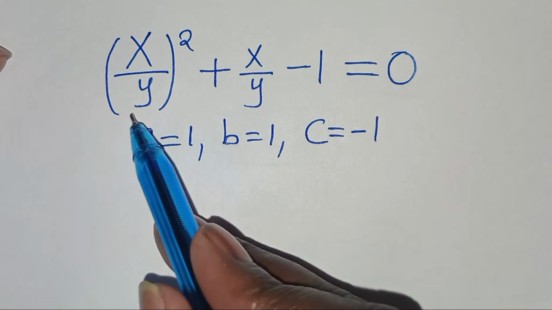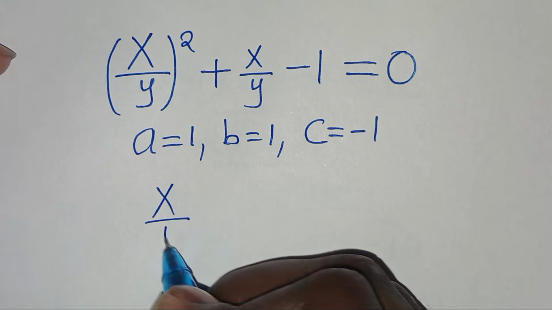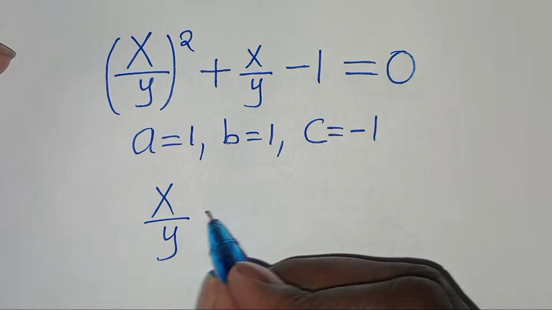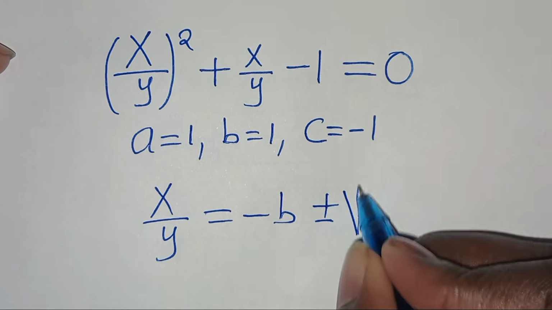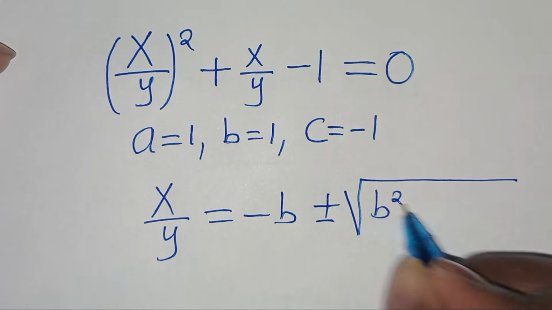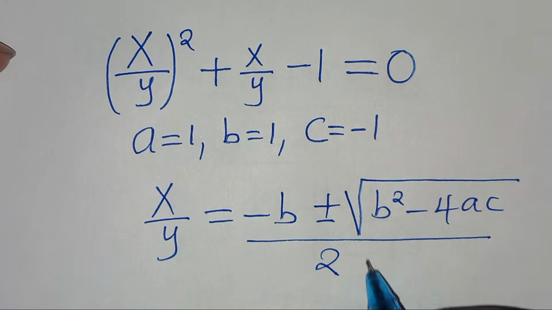Now, to solve this quadratic equation, let's apply the quadratic formula. So we have x over y equal to minus b plus or minus the square root of b squared minus 4ac, everything divided by 2 times a.